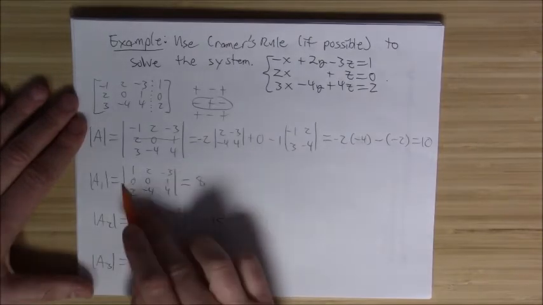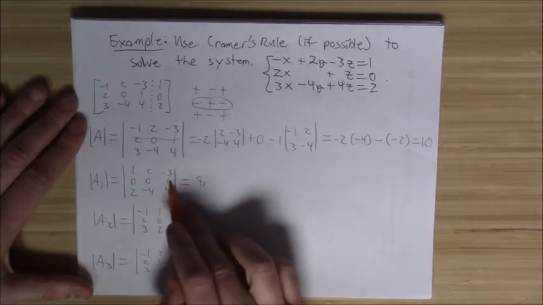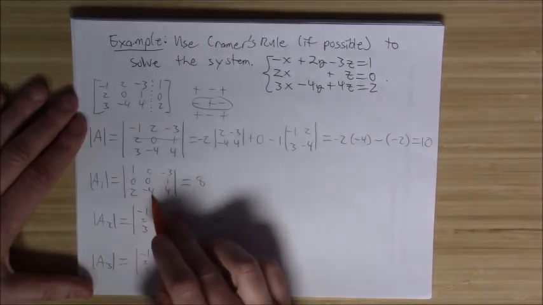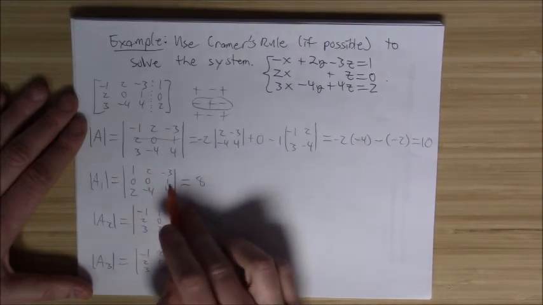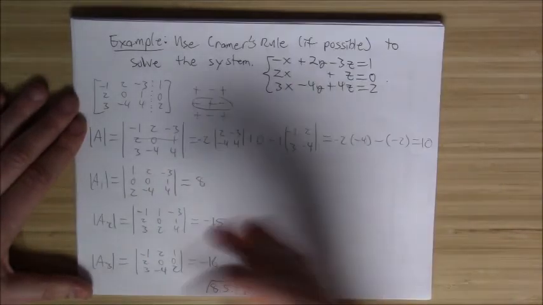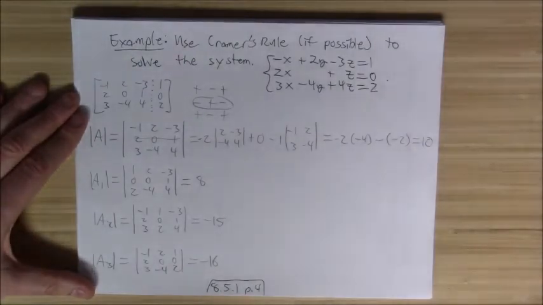And by the way, the easiest way to expand is along there. So indeed, you'll get a negative 1 times negative 4 minus 4 is negative 8, but the negative 1 will make it positive 8. And then these can move similarly.